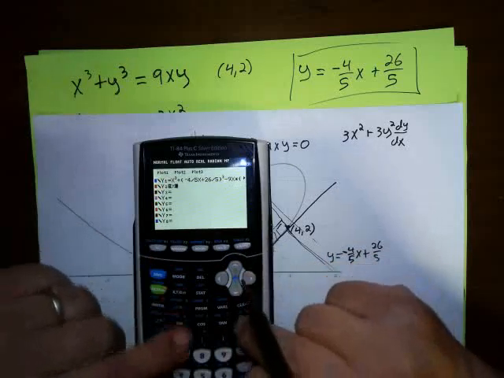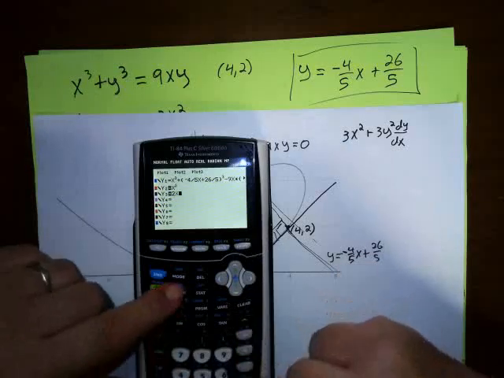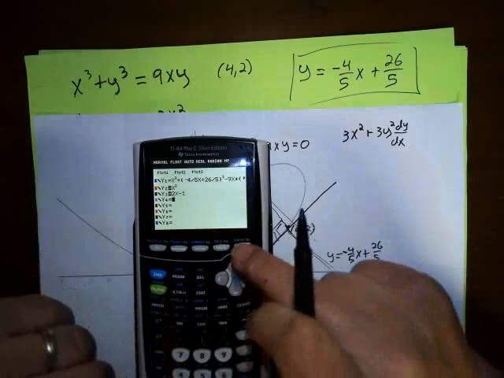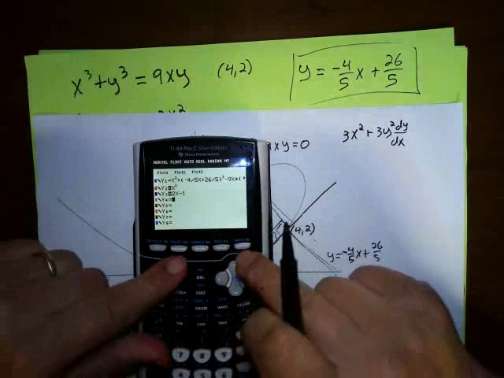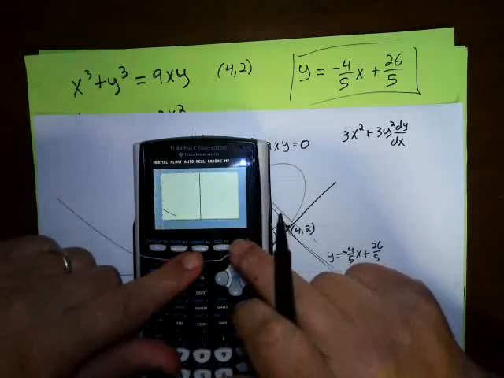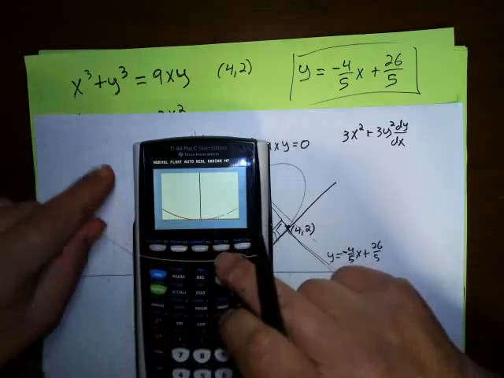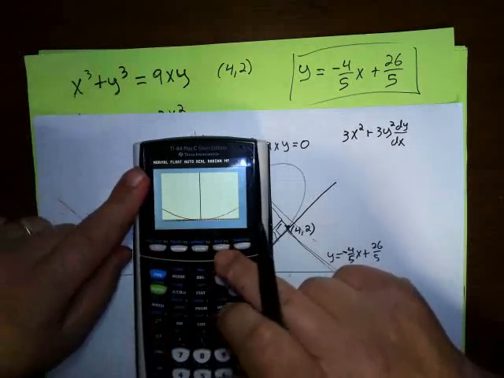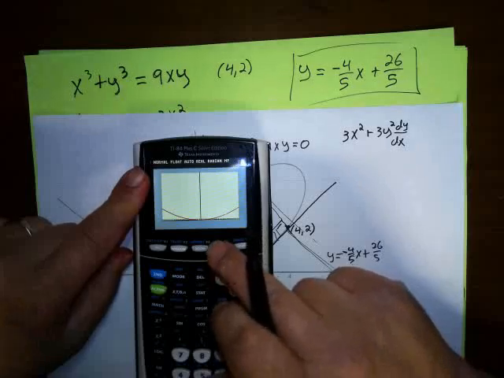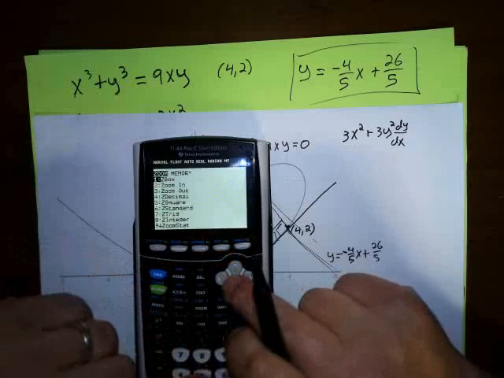I could do x squared and 2x minus 1, and then graph those. Oops, let me do a different window. Excuse me. Let me just do a standard window.